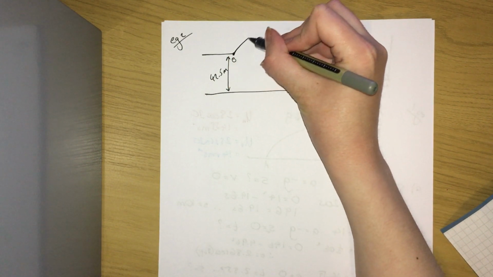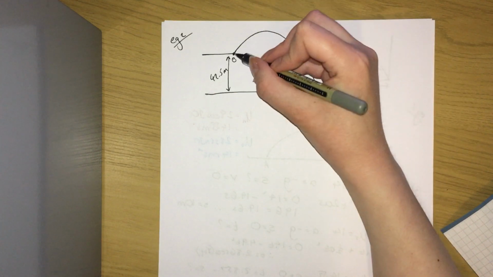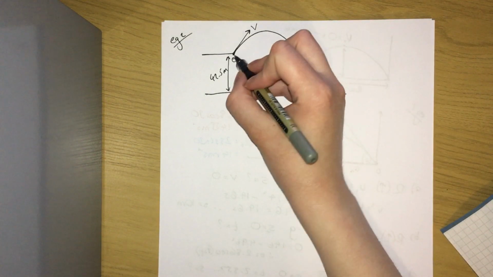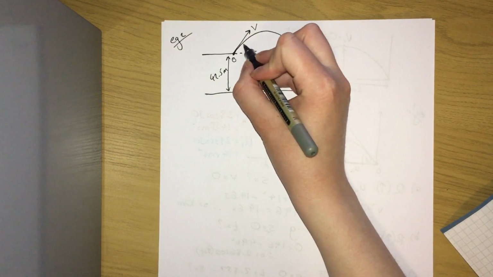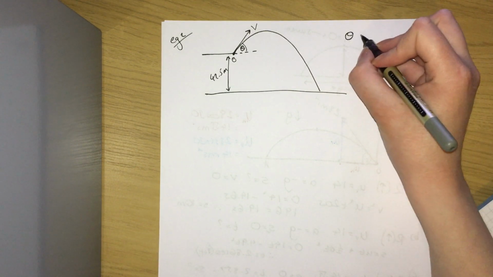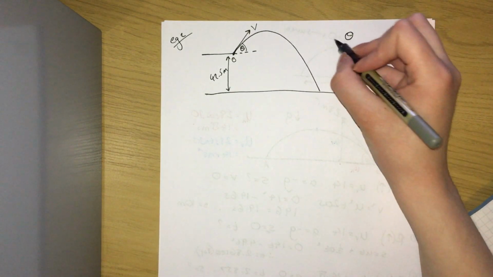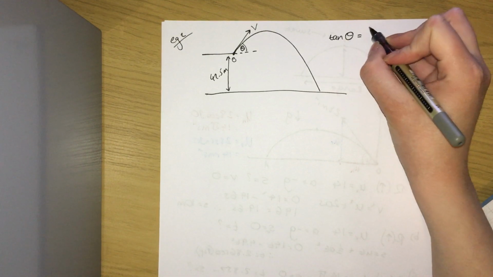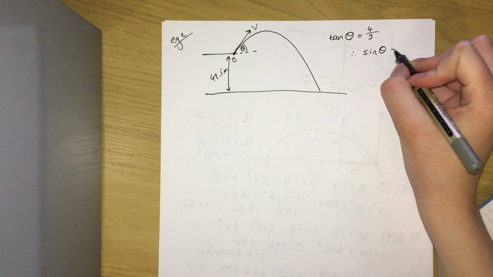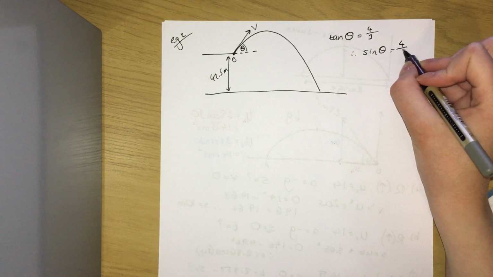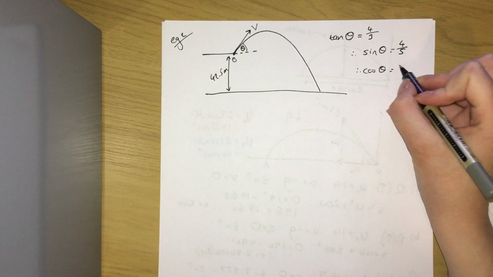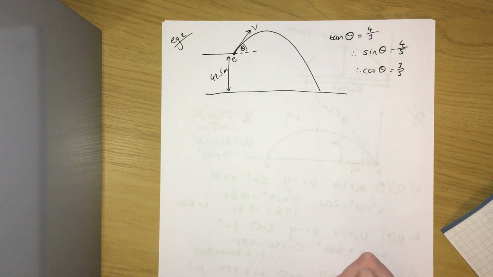So it's projected up there with an initial velocity of v, and if I were to draw the horizontal at that point, that'd be theta. Now I know tan theta is 4/3, so therefore sine theta, so opposite over the hypotenuse, our Pythagorean triple would be 4/5 for sine, and cos theta is 3/5.